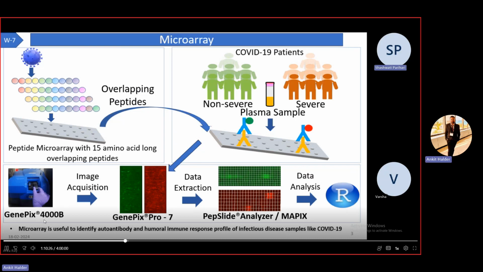Then after we get these images, this is the green channel and this is the red channel. This software is important.